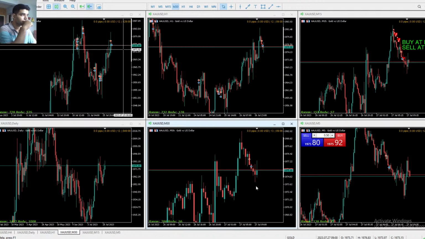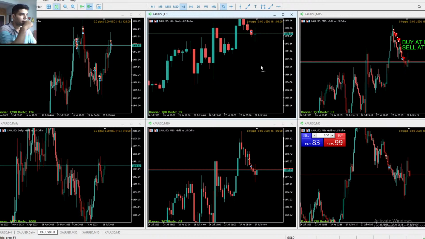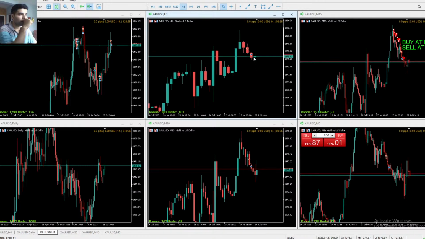Looking at the H1 time frame, if the present candle breaches both the high and low of the previous candle, then the price will most likely consolidate. So we need to stay away from the trade at such times.